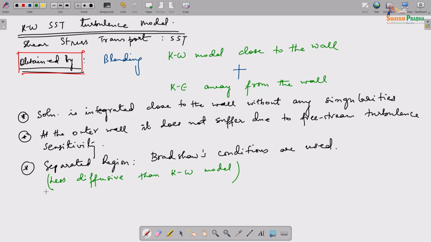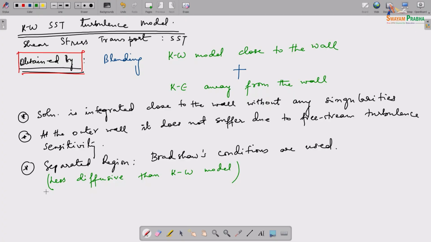What this essentially means is that the K omega SST turbulence model is actually solving two extra equations, other than the ones given by these models. K omega and K epsilon both are two equation models, so apart from these two, it involves solving two more equations.